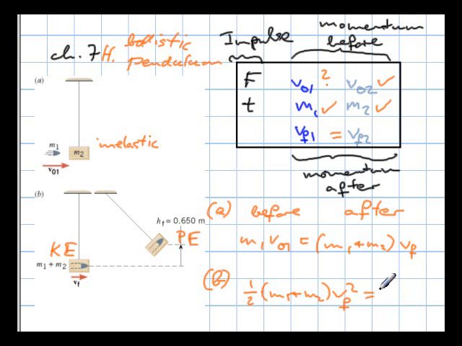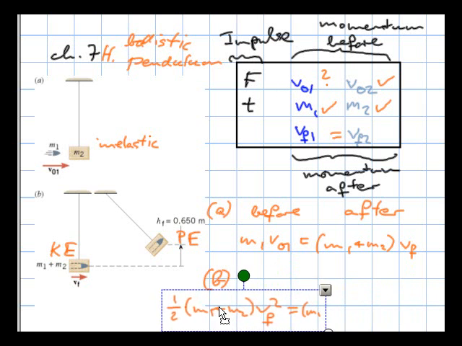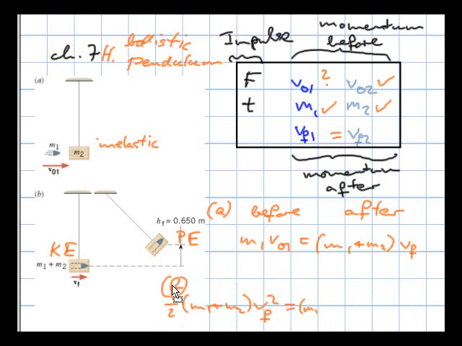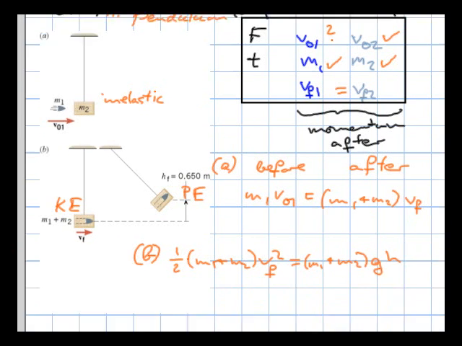And then that equals the combined mass, and I'm running out of space, so I'm going to pull this over. So m1 plus m2 times gravity times the height.